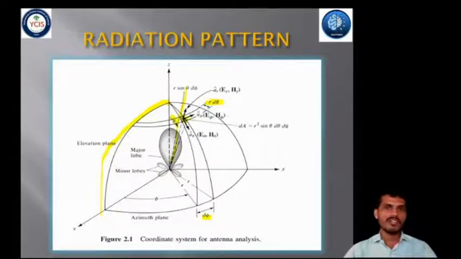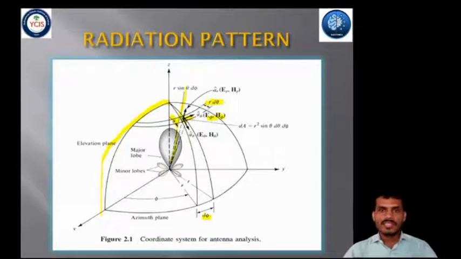Also there is a second coordinate, the unit vector a_phi, with the electric field along only that phi angle, and this is the magnetic field of only that phi angle.